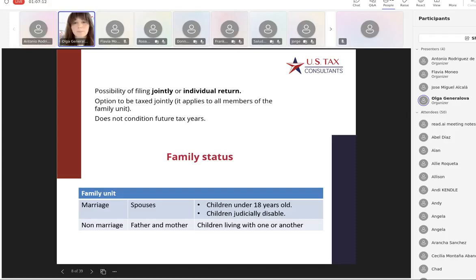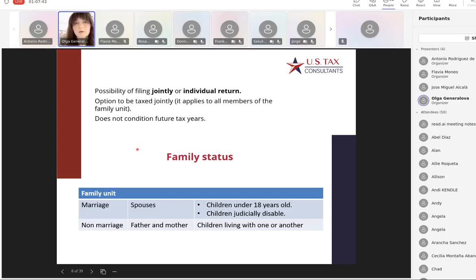So here you can see that there are two types of filing, which are joint and individual filing. Just a few quick notes. First, joint filing is often not financially beneficial, unless one spouse has very little income.